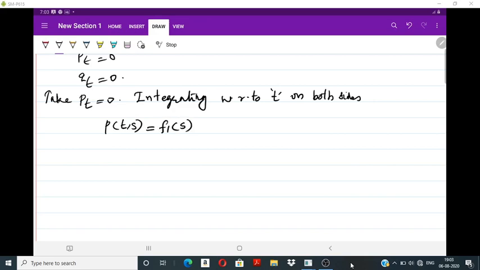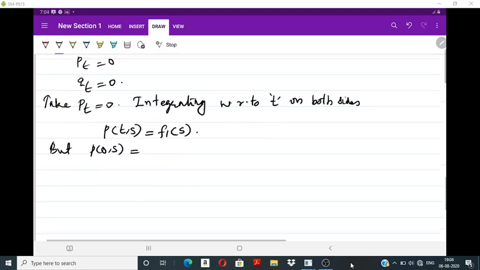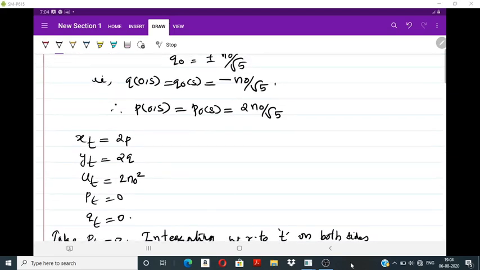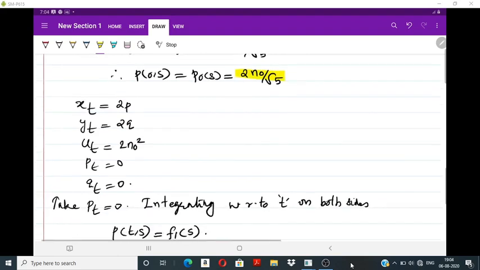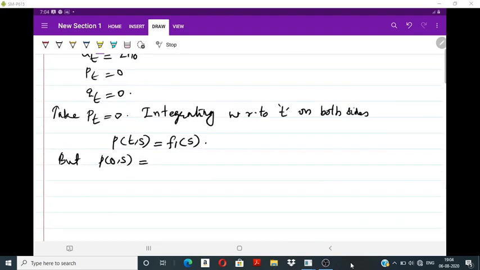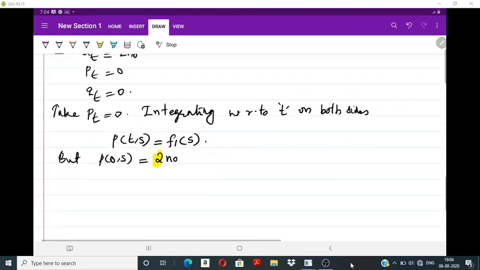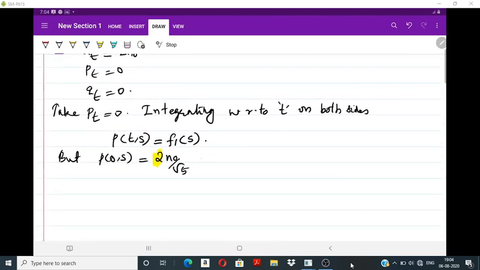Let this be f1 of s. But we know that p of 0 s is equal to p naught s. And what was p naught s? P naught s is 2 U naught by root 5. So it's equal to 2 U naught by root 5 equal to f1 of s.